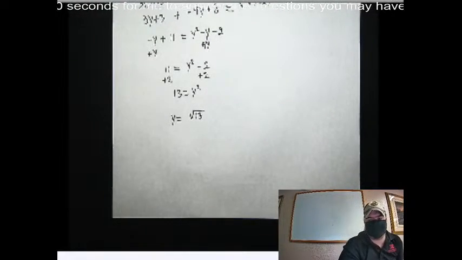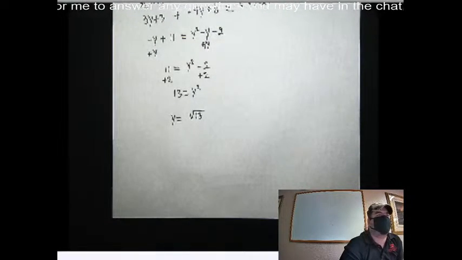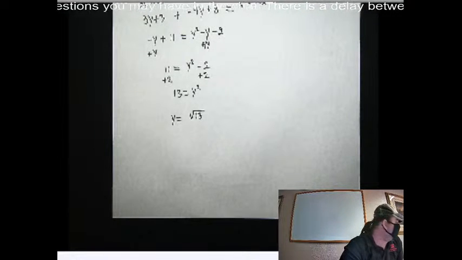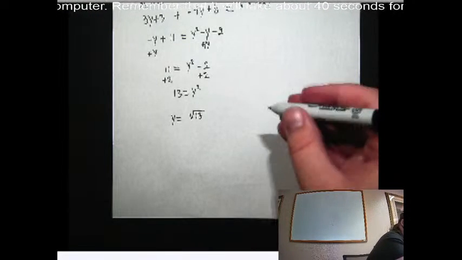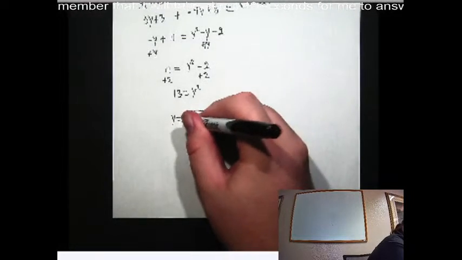We need something else here to complete this answer. Anybody know? Think about what we just did. We just took a square root, right? And there we go. Yes, plus or minus.